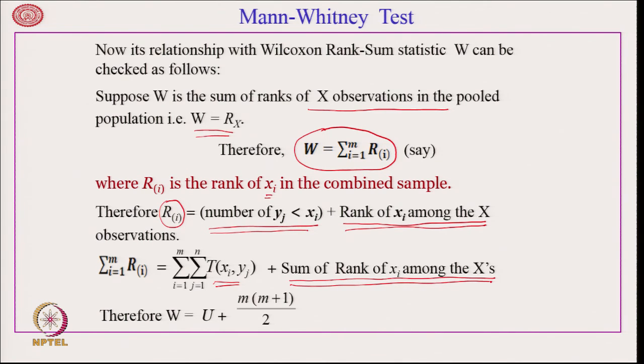Now, among the x's we have m observations. Therefore, the sum of ranks is going to be m(m+1)/2, and therefore this element, which is nothing but the U statistic, is coming here, and from here we can find that the relationship is that W is equal to U plus m(m+1)/2.